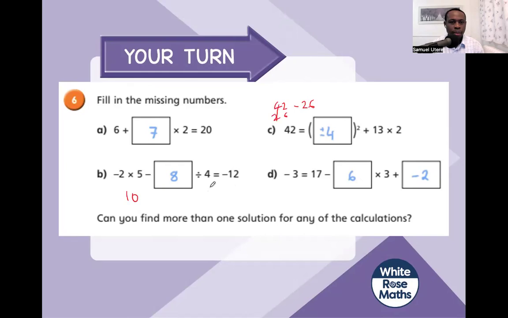So yeah, we can do the inverse operation first of multiplying. So we can do negative 12 times 4, which will be 48. And then 48 subtract 10, that will be 28. And then that should give us the results.